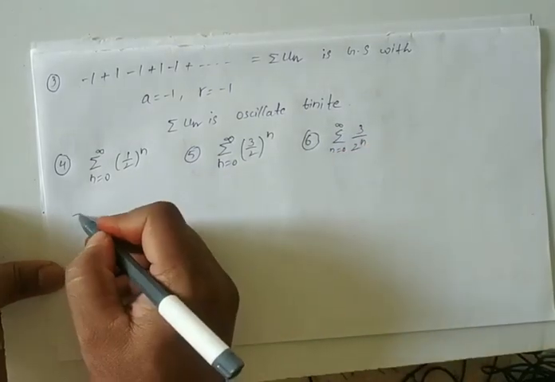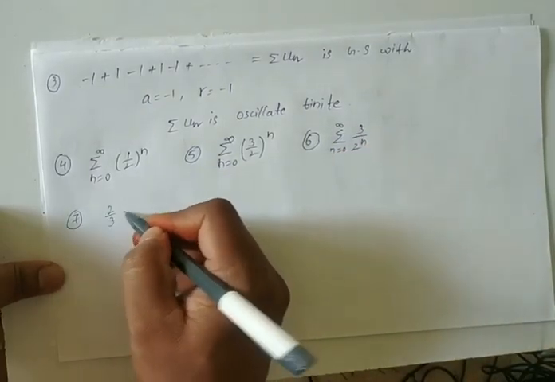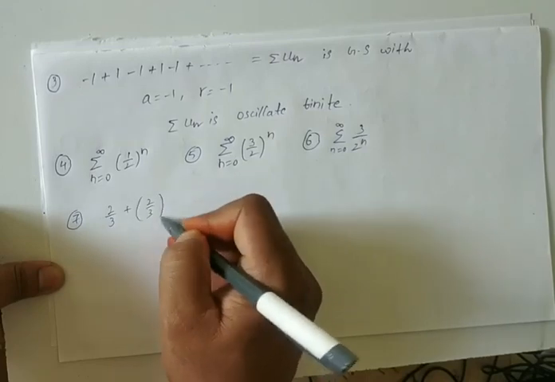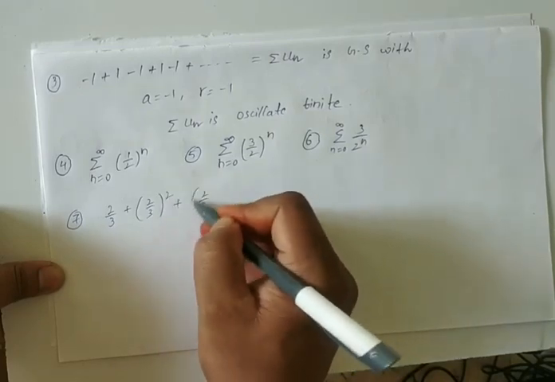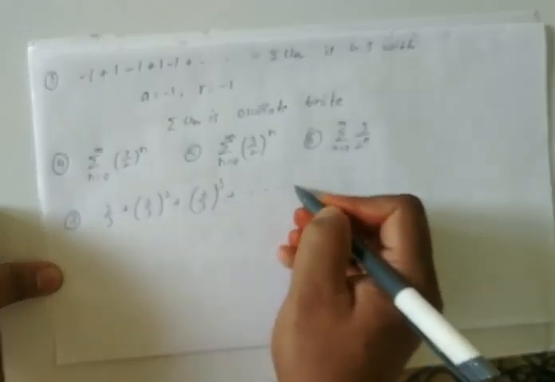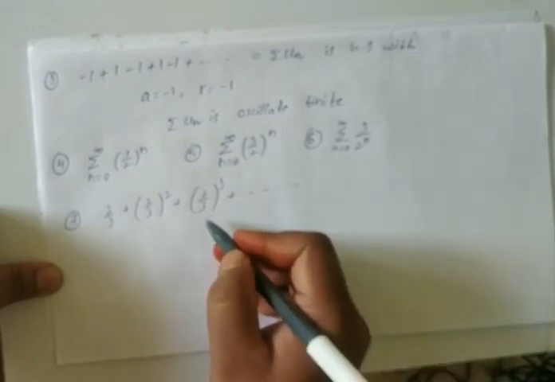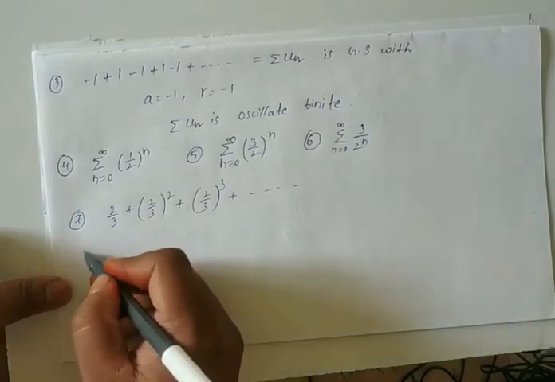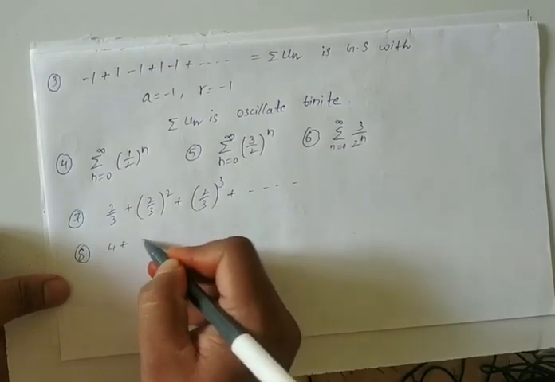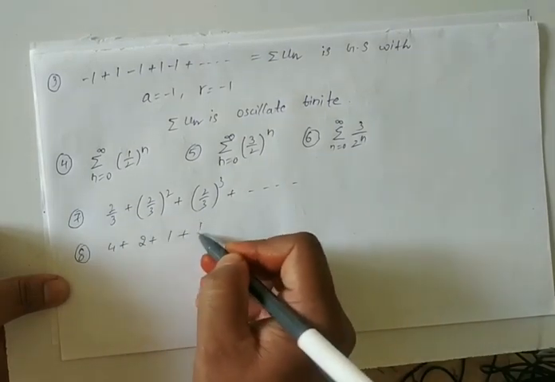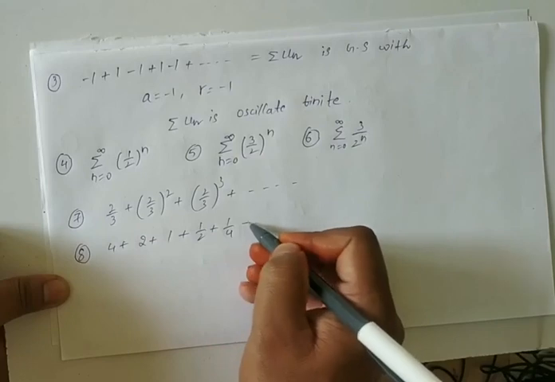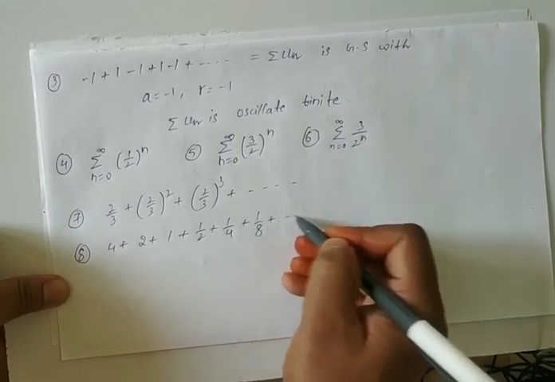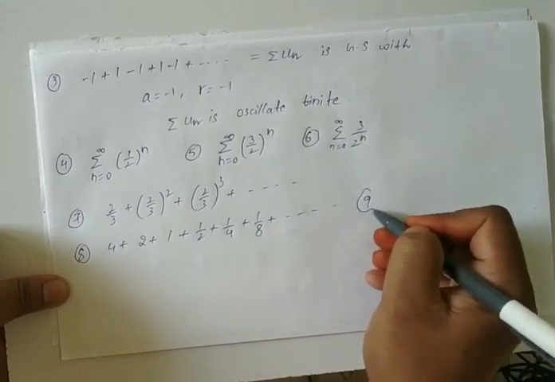Seventh one: 2 by 3 plus 2 by 3 whole square plus 2 by 3 whole cube plus, and so on. Here in the seventh problem, first you have to find the nth term of the series, or first find the first term or common ratio. Eighth one: 4 plus 2 plus 1 plus 1 by 2 plus 1 by 4 plus 1 by 8 plus, and so on. Next, ninth one.